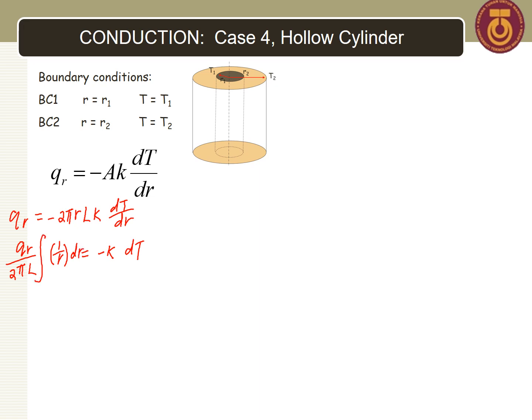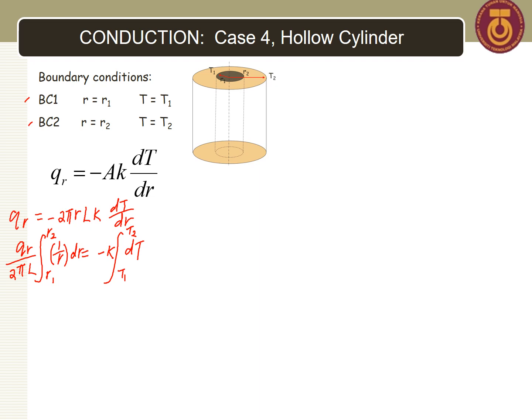Integrate both sides according to boundary conditions 1 and 2, so it's from R1 to R2. Temperature at R1 is T1, temperature at R2 is T2. So we integrate both sides.